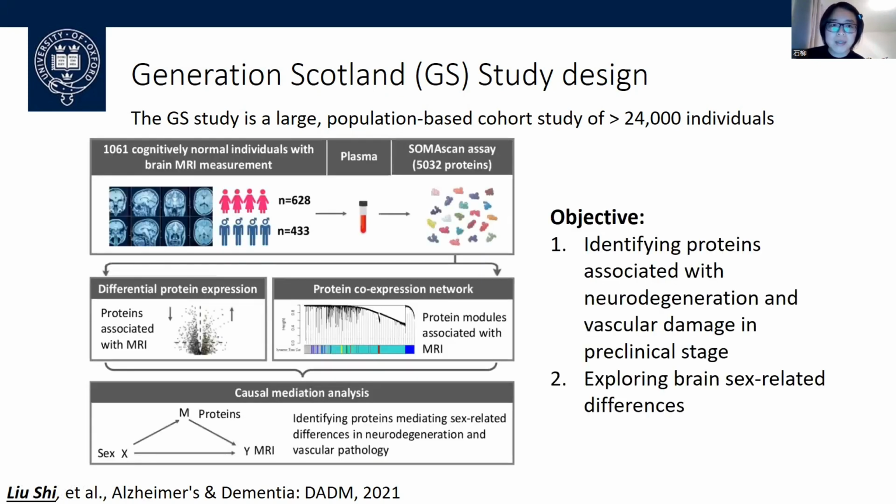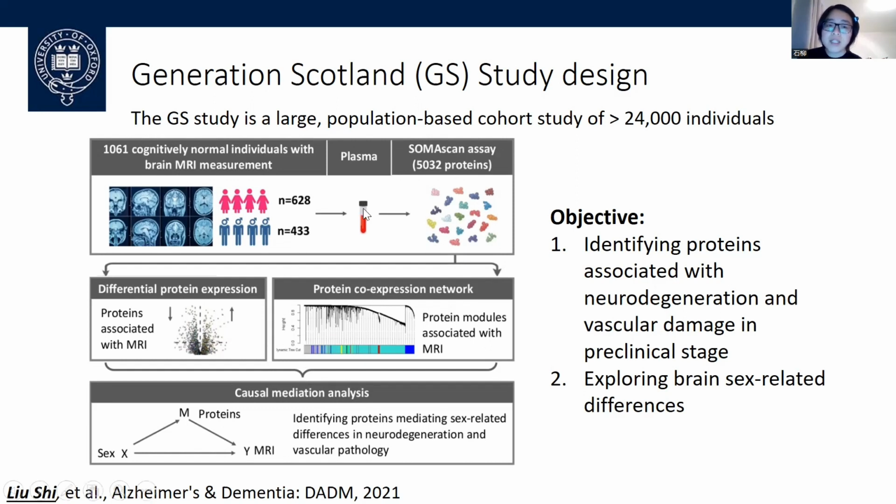In this study, we selected 1,061 cognitively normal individuals with brain MRI measurements from this large cohort. This cohort included 628 females and 433 males.